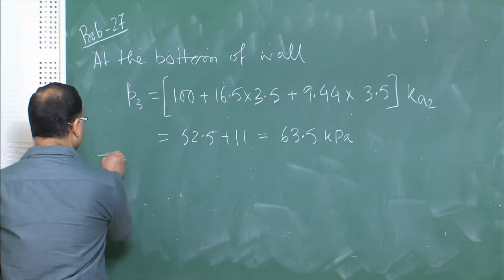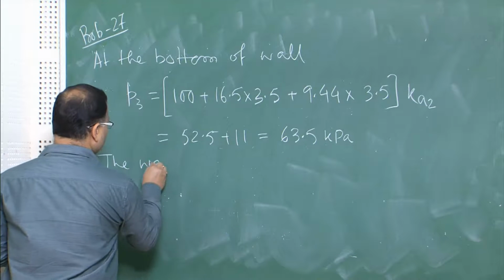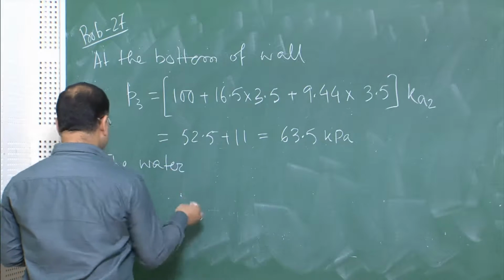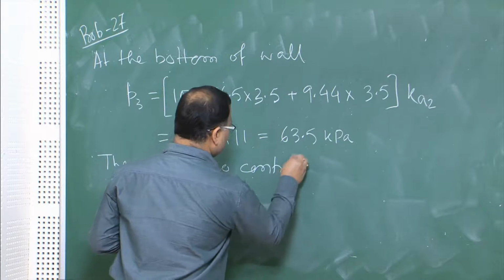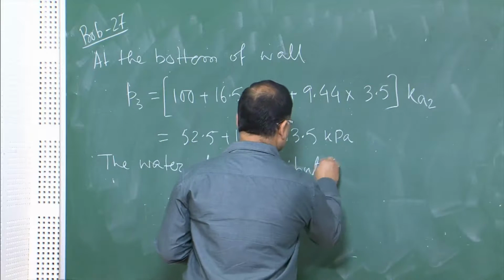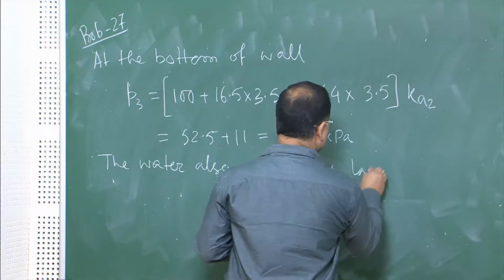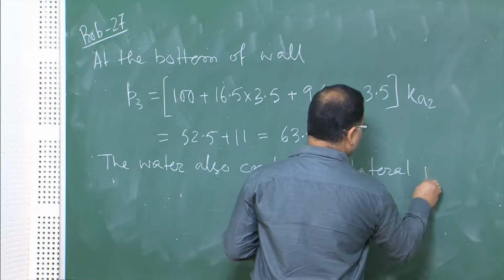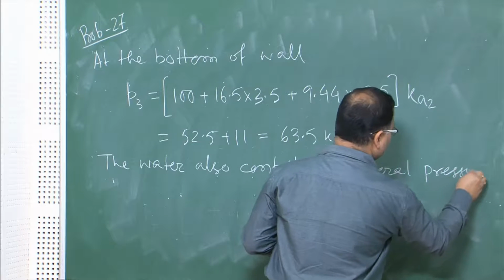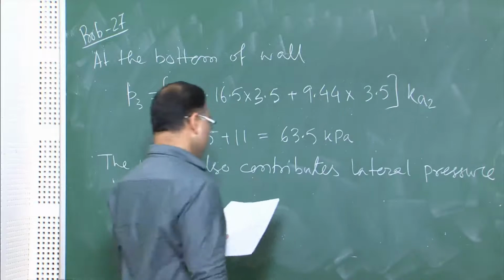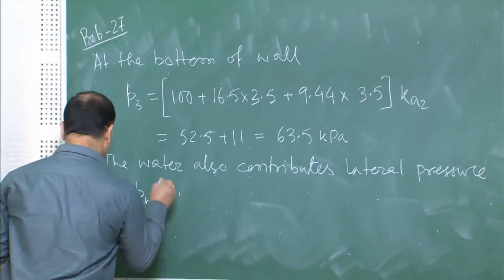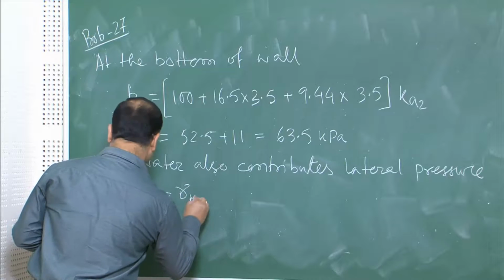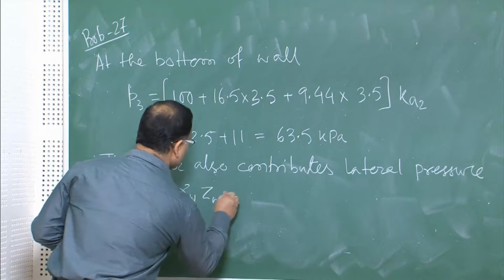So, the water also contributes lateral pressure. Therefore, Pw is equal to gamma W into Zw.